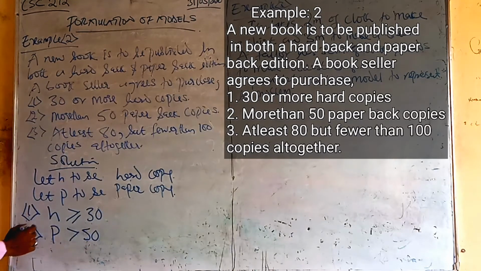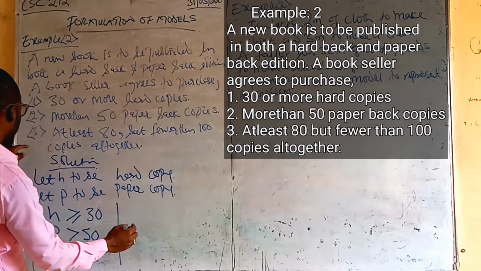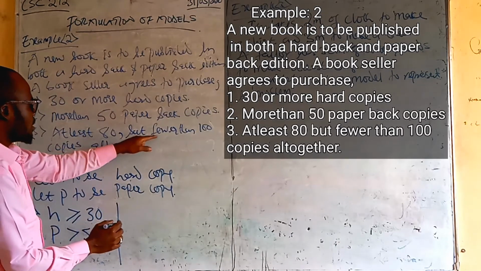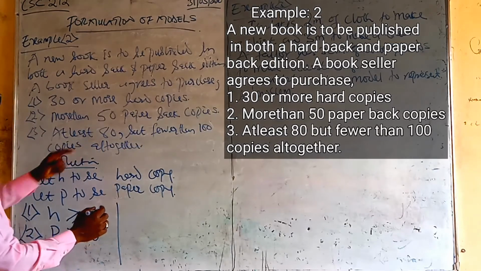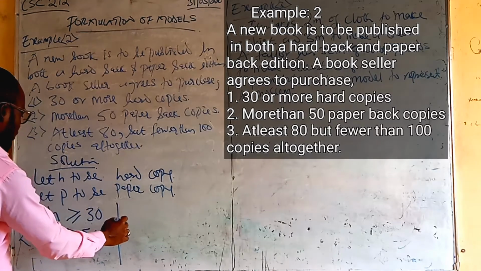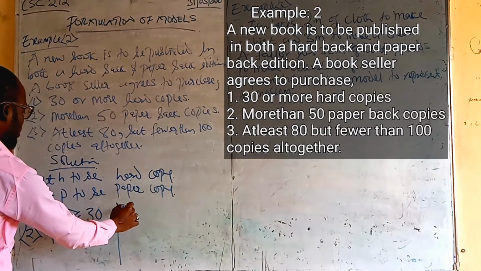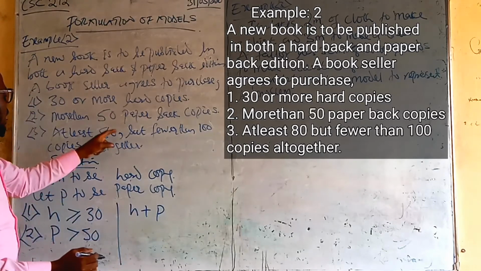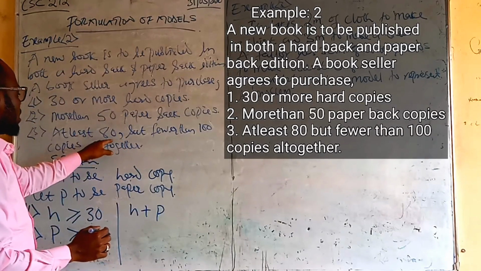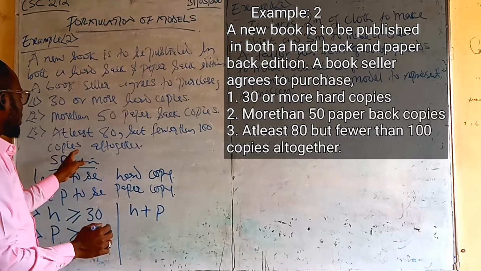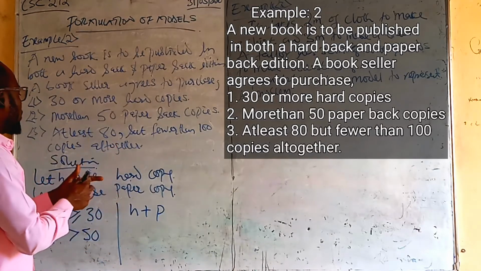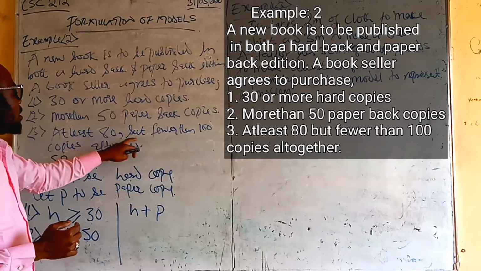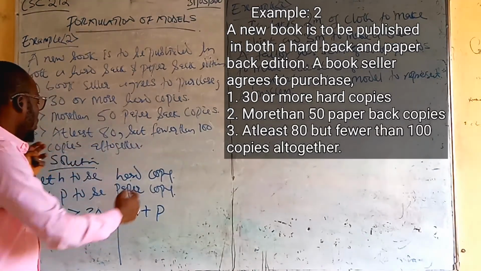Then the number three scenario, which is at least 80 but fewer than 100 copies altogether. So here, number three, that is H plus P, at least 80 but fewer than 100 copies altogether. Here, the bookseller is going to purchase at least 80 copies, but fewer than 100 copies altogether.